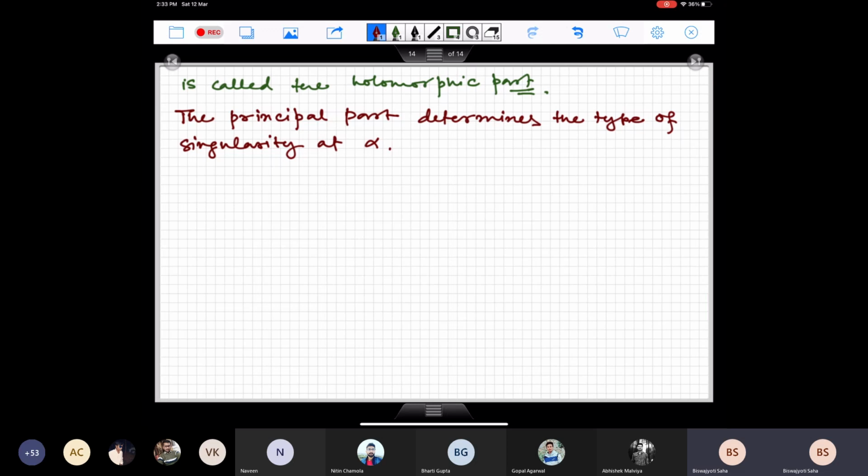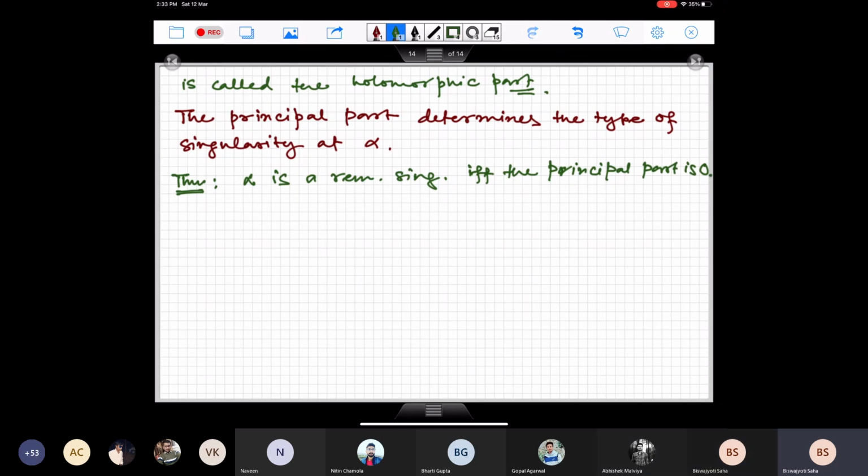That's why we see phenomena like what is mentioned in the Casorati-Weierstrass theorem. So what's the theorem regarding this? Let me now write it down. Alpha is a removable singularity if and only if the principal part is zero.